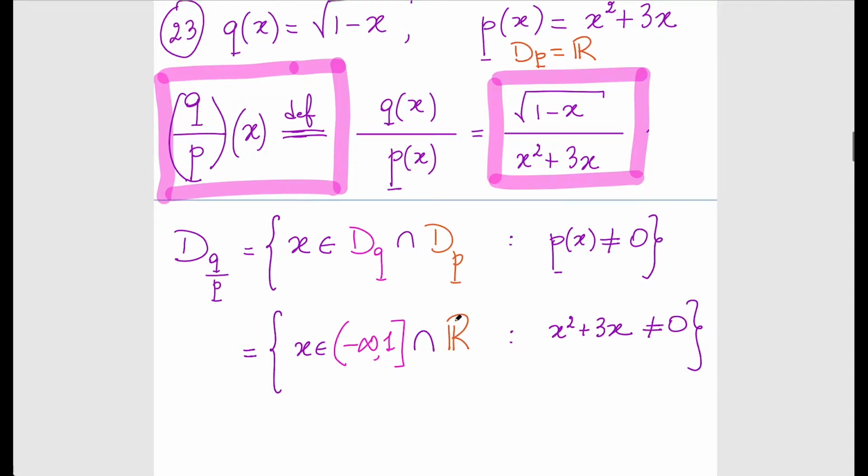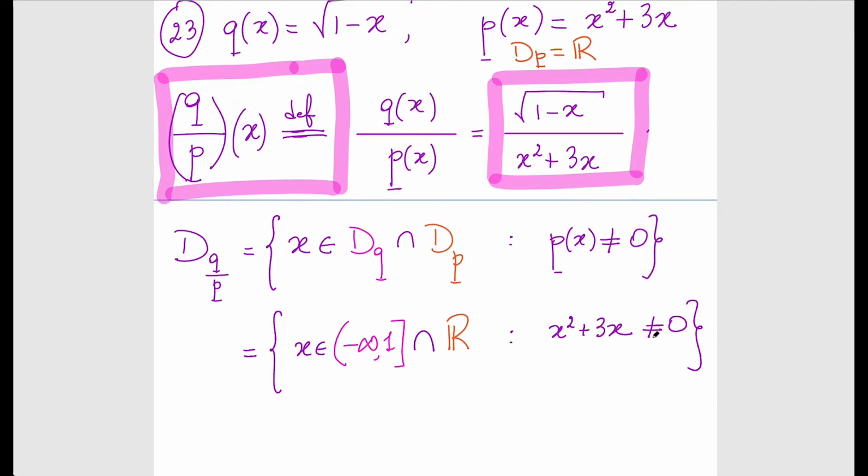Okay, so this function P accepts all real numbers. So the intersection of the two sets, I'm going to take numbers x that belong to the intersection of both sets. In addition, among these guys that live in the intersection, I'm going to throw away those which make this expression x squared plus 3x, the denominator, 0.